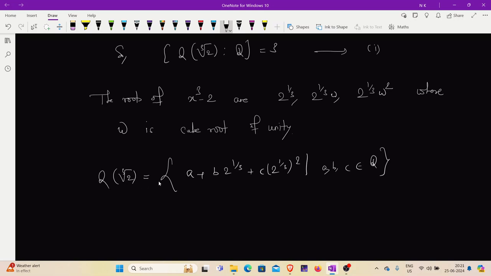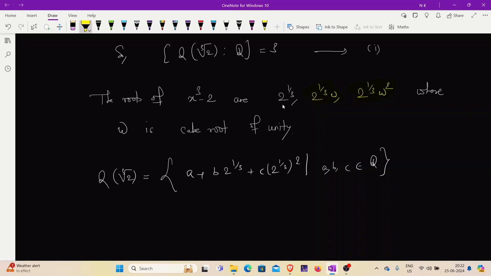Now 2 raised to 1 upon 3 has minimal polynomial x cube minus 2, and these are roots of this minimal polynomial, but not all these roots are in Q(cube root of 2), because Q(cube root of 2) is a subfield of the real numbers, right? And omega and omega square are complex numbers. So these two roots, 2 raised to 1 upon 3 omega and 2 raised to 1 upon 3 omega square, are not in Q(cube root of 2), because they are complex numbers.